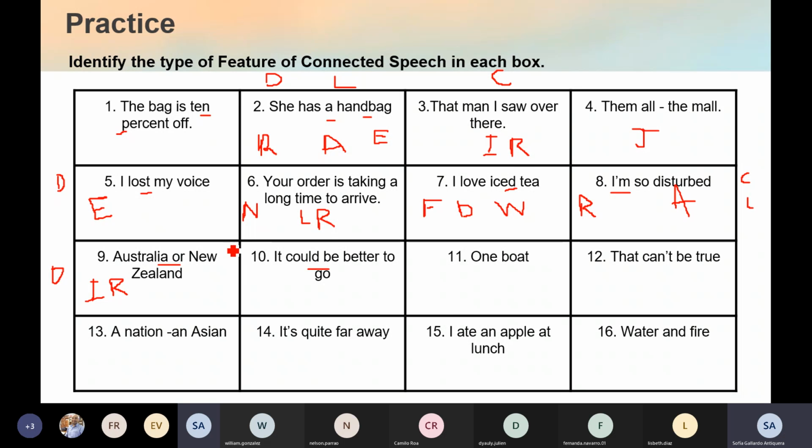And you had a good eye because it is happening in could be. So we have the sound followed by b, so the sound changes to b. So we would say it could be better. We don't say it could be better to go. In fluent speech we would use assimilation here. So I'm gonna write an A. Is it clear? Does it make sense?